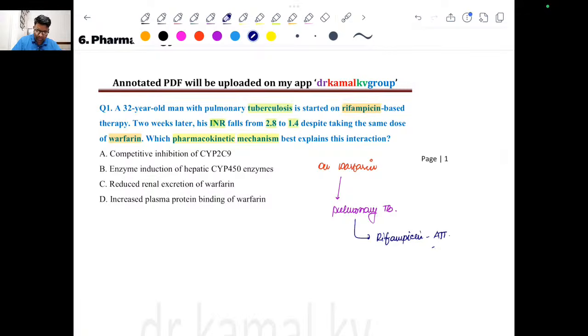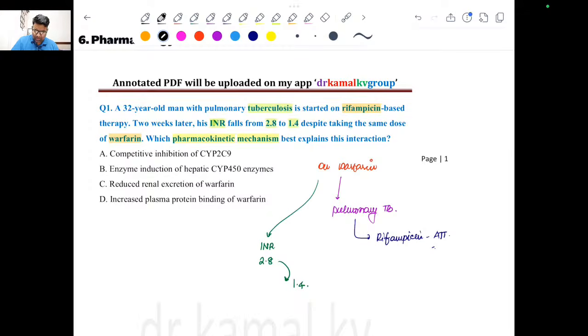Now what happened? As he started rifampicin, INR, which was initially 2.8, dropped to 1.4. What is the possible pharmacokinetic mechanism behind this? So, anyone would like to answer this?